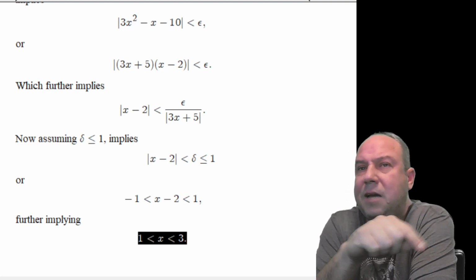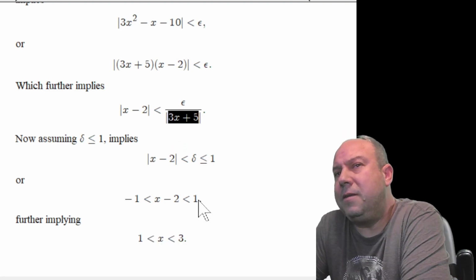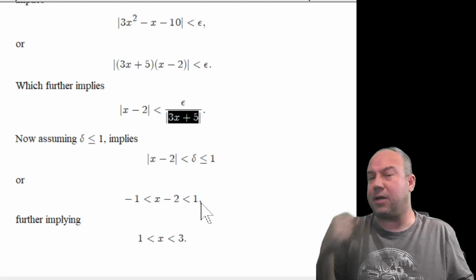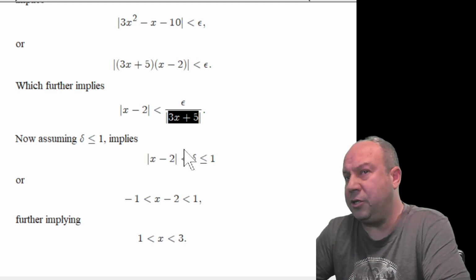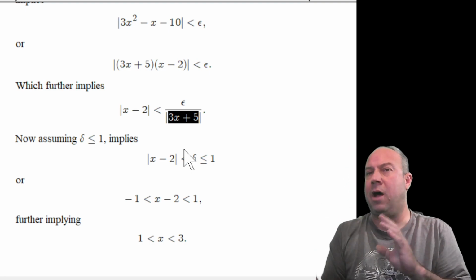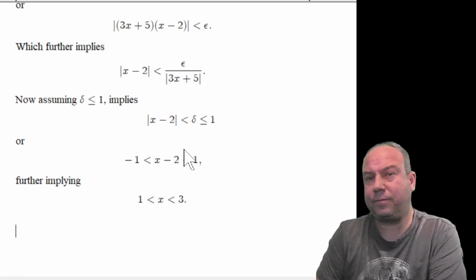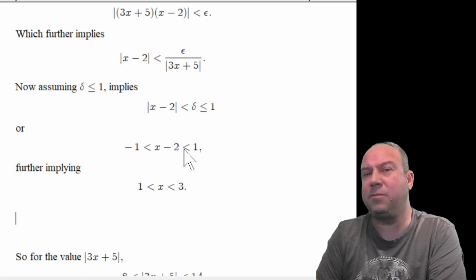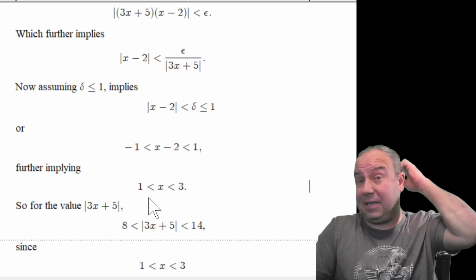Now, if x is stuck between 1 and 3, that means 3x plus 5, that value stuck underneath epsilon here in this conclusion, must have an inequality related to it. And what it says, if we multiply that by 3, 3x must be stuck between 3 and 9.